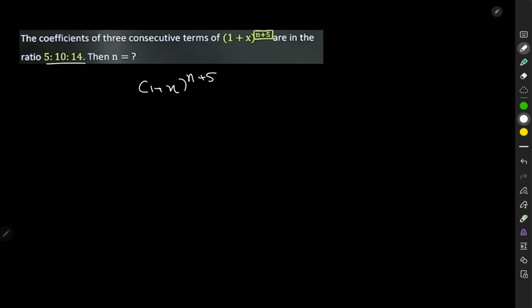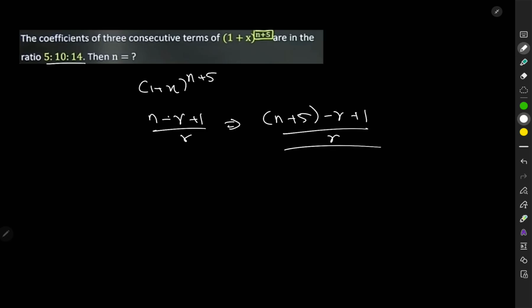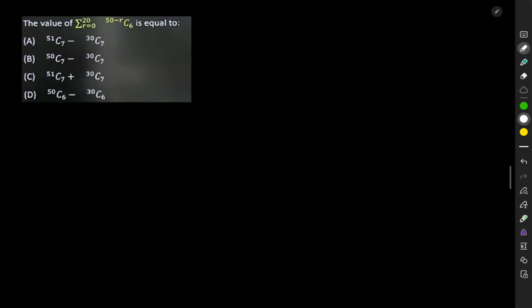I can take the 3 terms and take the ratios, but the only thing I have to change is, in place of n minus r plus 1 by r, in this case I will take n plus 5 minus r plus 1 by r. That's it. Put that, solve it, and that will be the answer. Fine. Going to the next question.